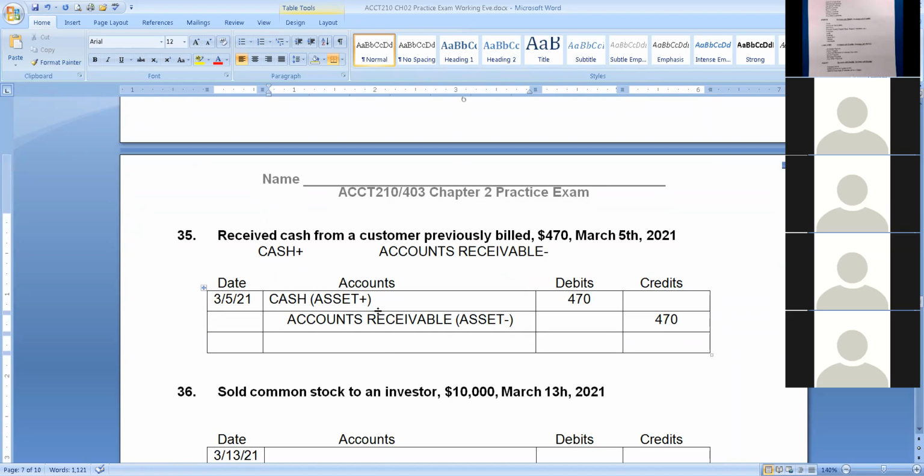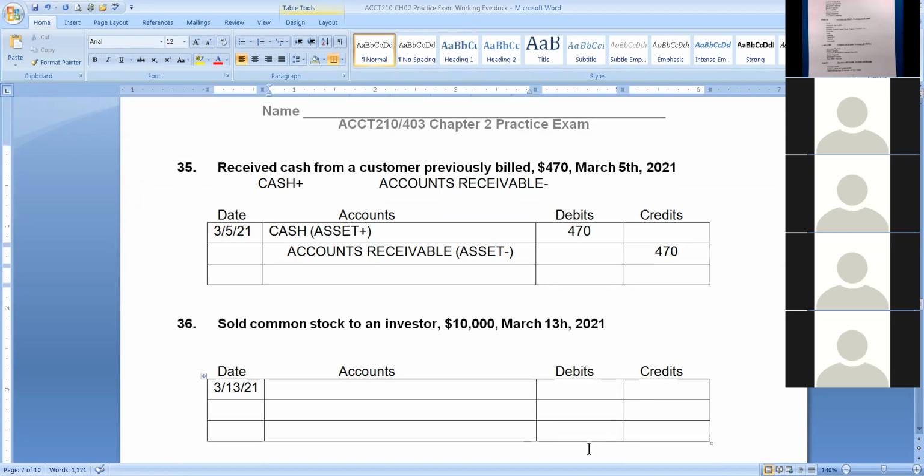Okay, yeah, so cash is going up, but he no longer owes for the 470.